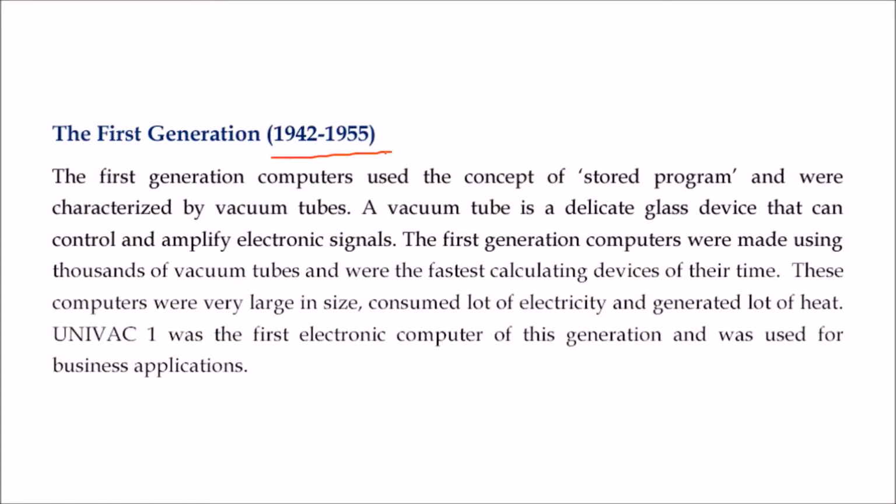First generation, 1942 to 1955. The first generation computers used the concept of stored program, and these were characterized by vacuum tubes. Vacuum tubes were delicate glass devices that can control and also amplify electronic signals.